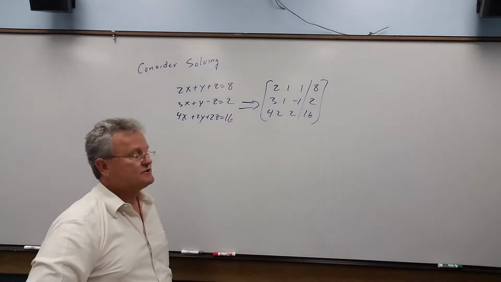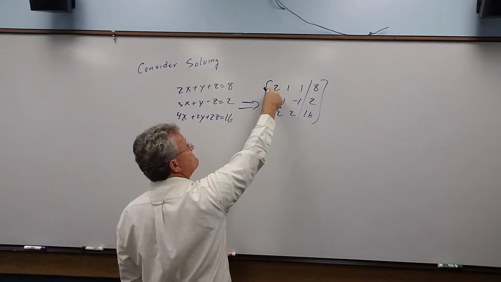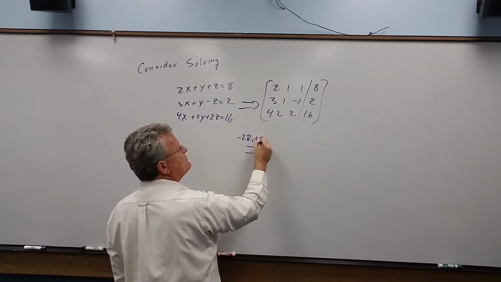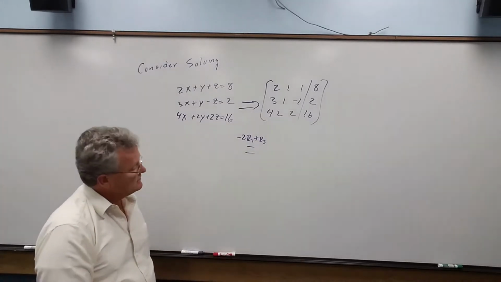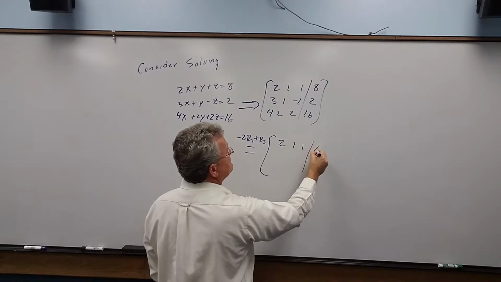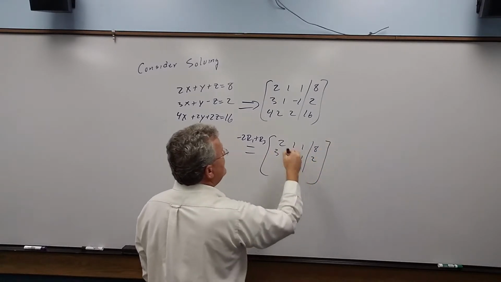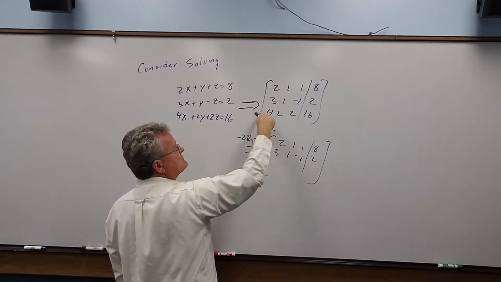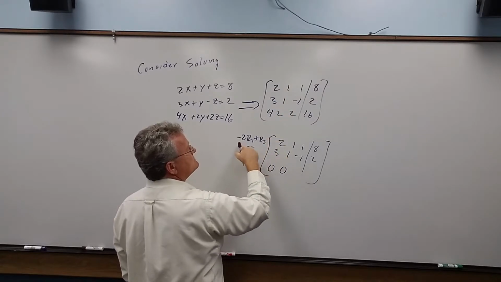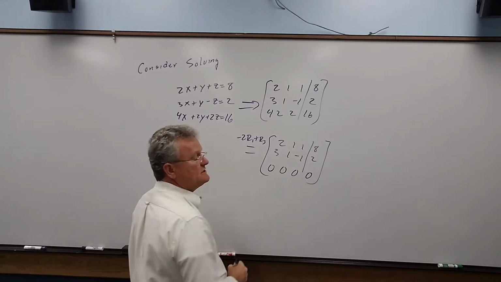Notice when we try to start solving this using matrices, like I said, the first step is we multiply row 1 by negative 2 and add it to row 3. Well, row 3 is the only row changing, so let me write down the first two rows. So again, when I do this arithmetic, negative 4 and 4 is 0. Negative 2 and 2 is 0, negative 2 and 2 is 0, negative 16 and 16 is 0.